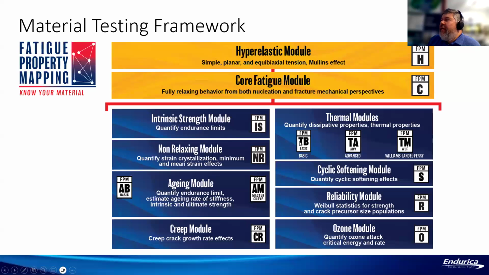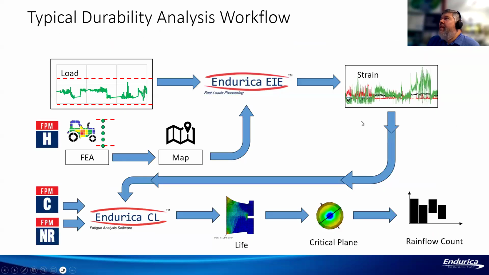So, maybe you would look at temperature effects or strain crystallization effects or aging and so on. But you would just use these blue colored modules where you need them. And so this provides a very complete set of capabilities. We're not saying that you need to do all of these things for every problem, but the options are there when you need them, which is very useful.